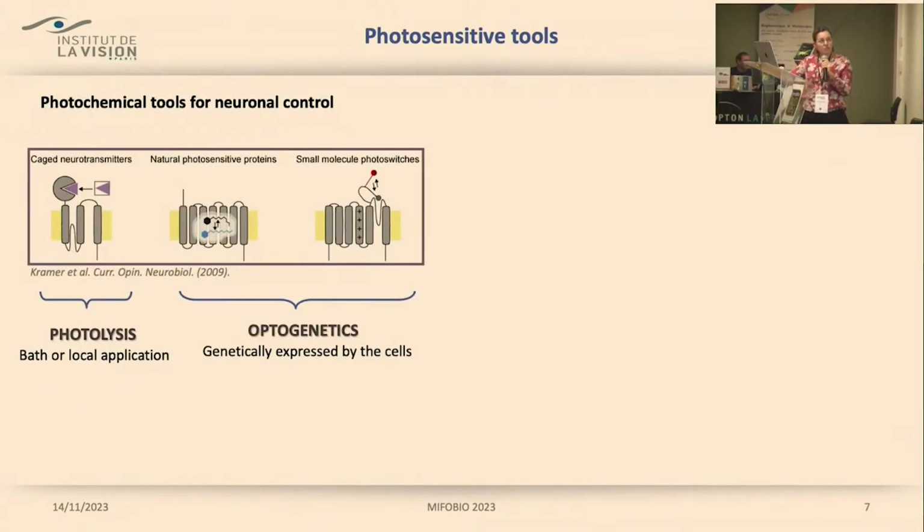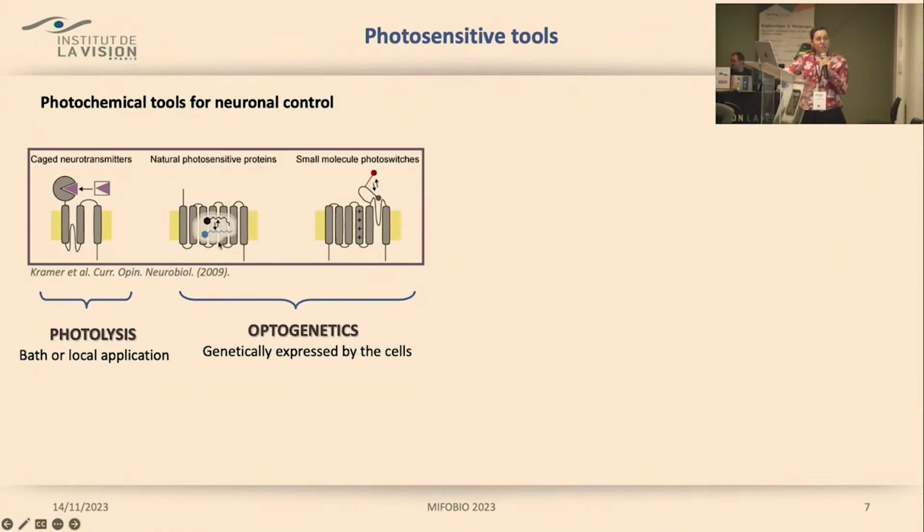Now let's go to the photosensitive tools that we use for manipulating the neuron, so for inducing activity in the neuron. Globally, those tools are divided into three categories. The caged neurotransmitters, which are used for uncaging applications, where you uncage the caged neurotransmitter with light.